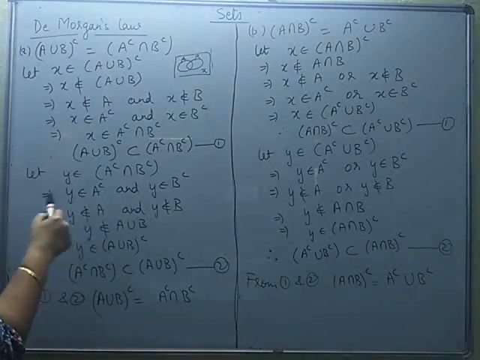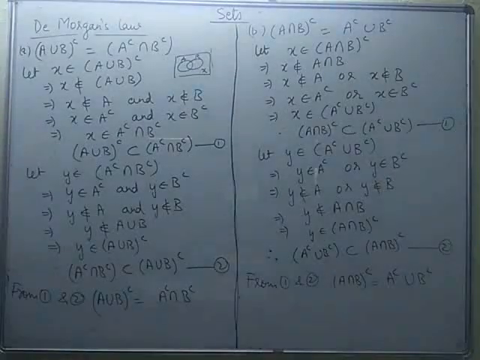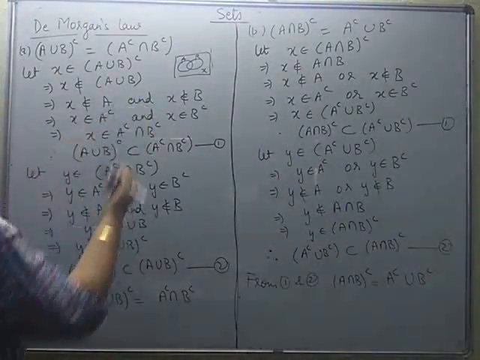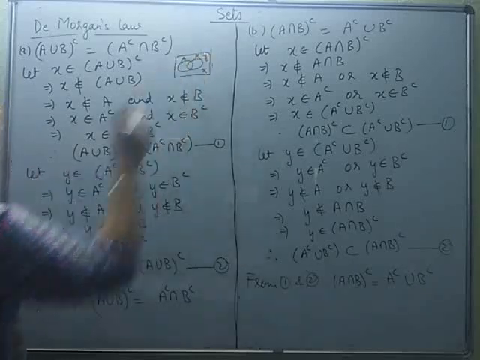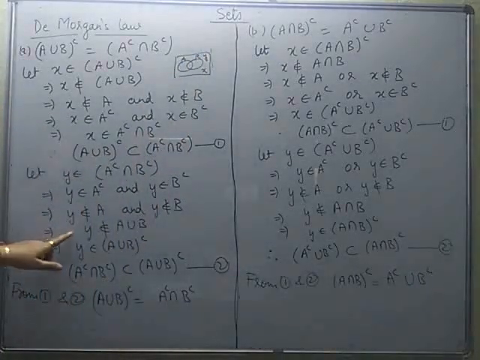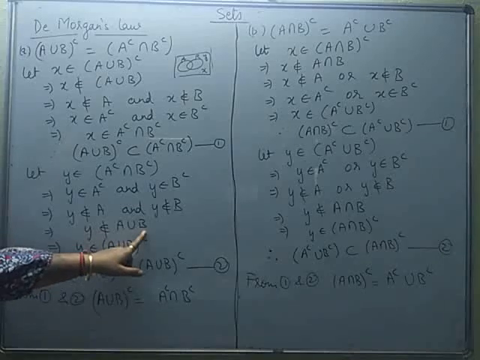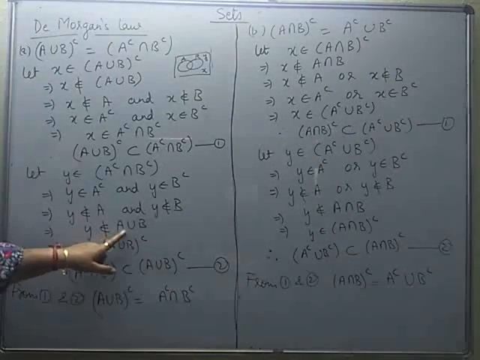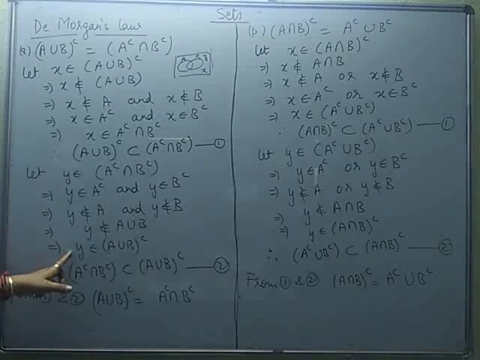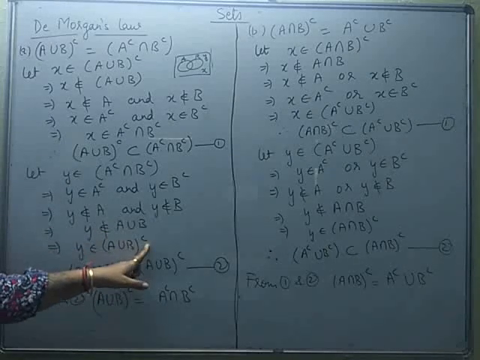If Y is missing from A and it is also missing from B, what does it mean? Y is not in A, Y is not in B. So it must be outside both. That means it will not come in the union. Y will not belong to the union of A and B. And if it is not here, then where is it? It must be in its complement.